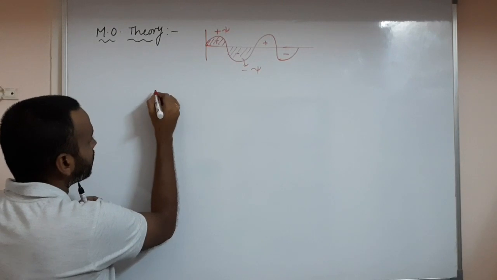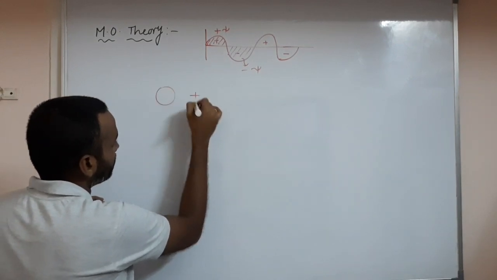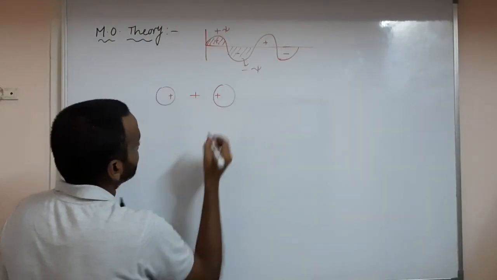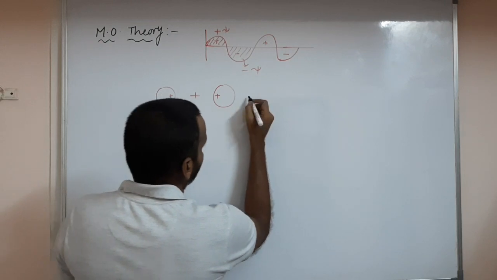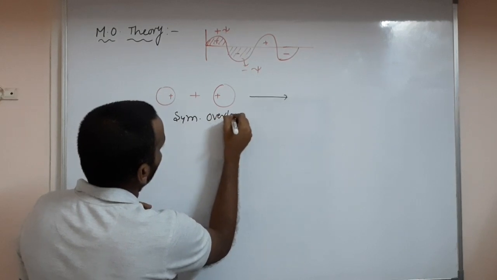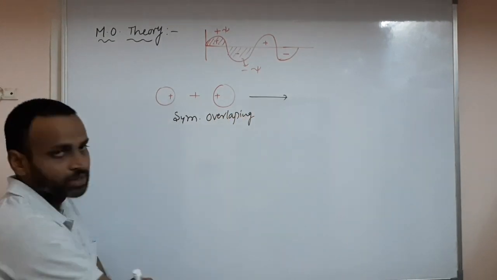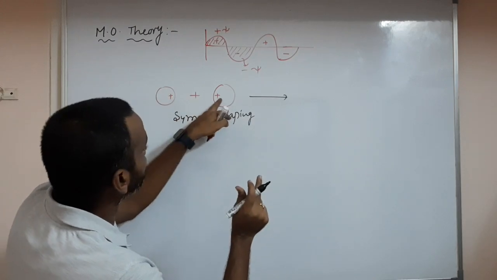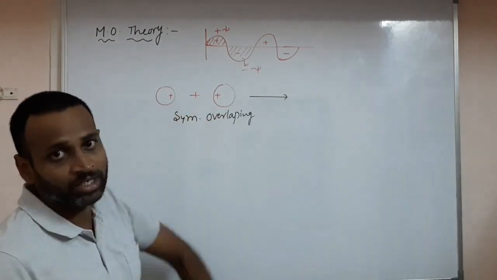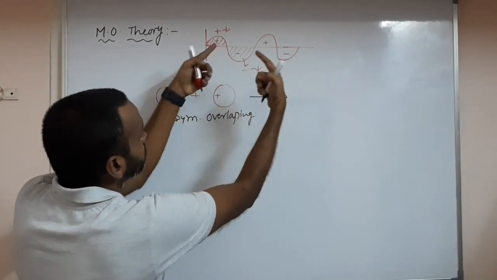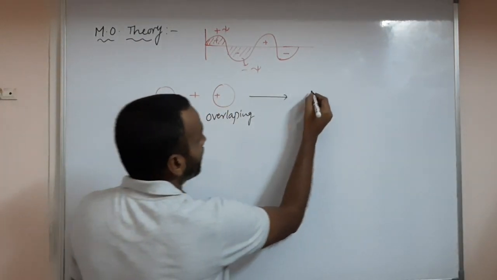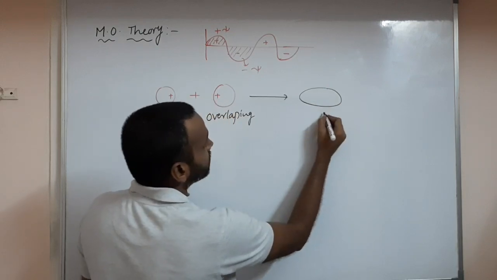So if s orbitals are combining, with plus and plus like this, this is a symmetrical overlapping. S orbital plus and s orbital plus. Every orbital has two, one positive probability and one negative probability. So if two positive probabilities of two s orbitals of two atoms overlap, then you will get, like this, what is this called?